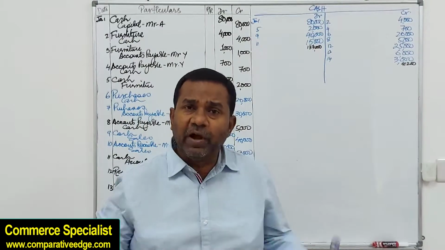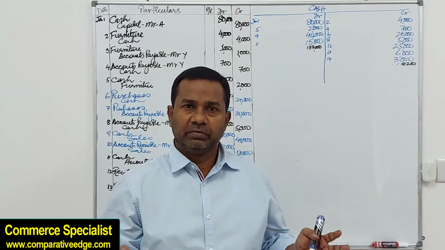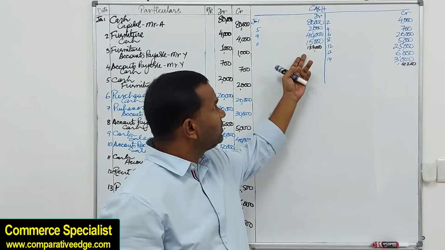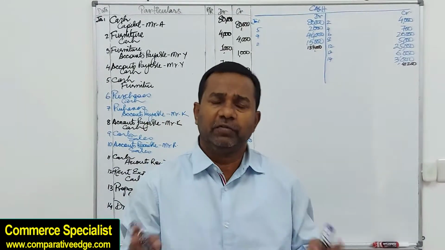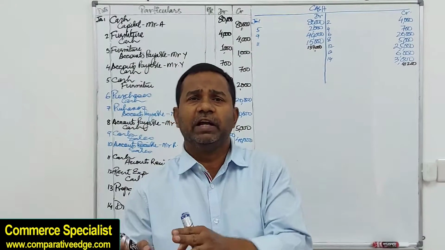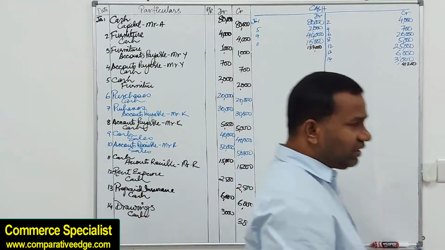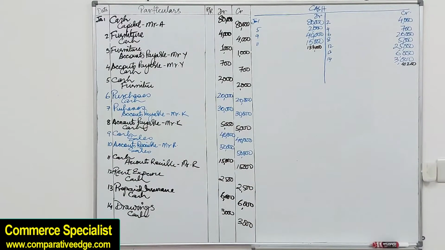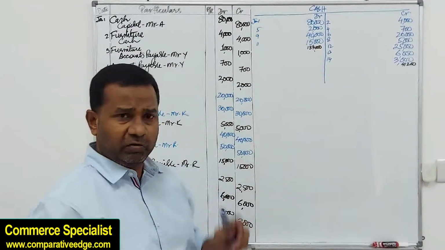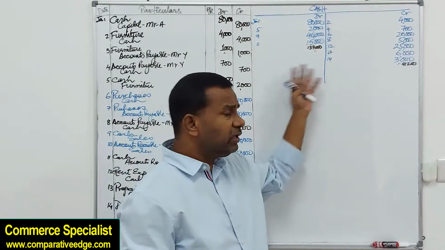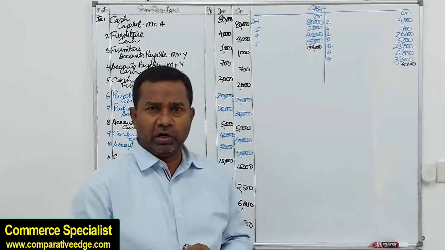Next step, find the difference, which means 137,000 minus 41,200. I need to find the difference, the highest side minus the lowest side. So 137,000 minus 41,200 gives me 95,800. The difference between the two is 95,800.